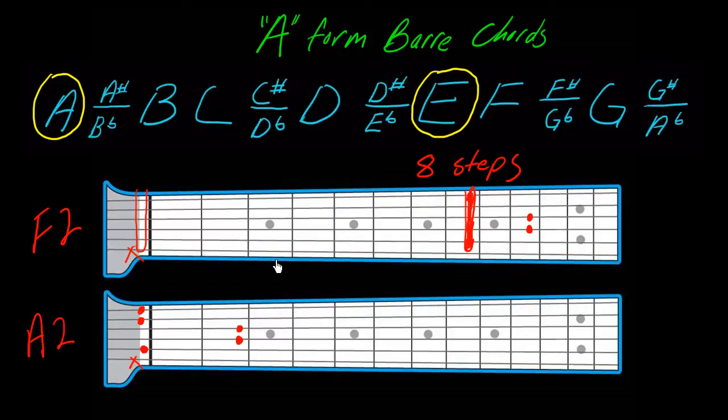The one other thing I want to say about playing bar chords is that when you play bar chords, no open strings are played, they're all barred up. So there's no ringing open notes, and that's going to have a specific type of sound to it, which for certain styles is very desirable.